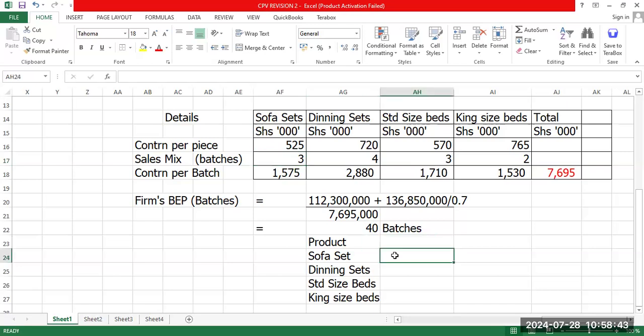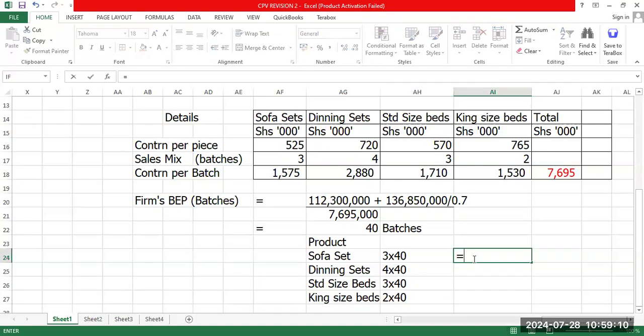So you get 3 times 40. Here you get 4 times 40. Then here 3 times 40. Then here 2 times 40.